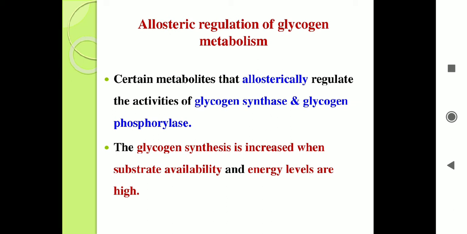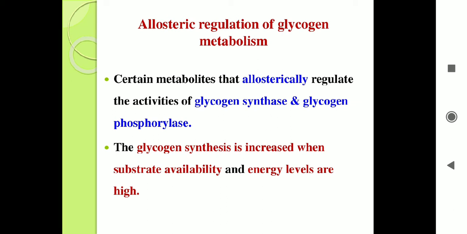Okay, so first one is the allosteric regulation of glycogen metabolism. Certain metabolites allosterically regulate the activities of glycogen synthase and glycogen phosphorylase. Both of these enzymes are very important. The first one is used for synthesis, meaning formation, right?